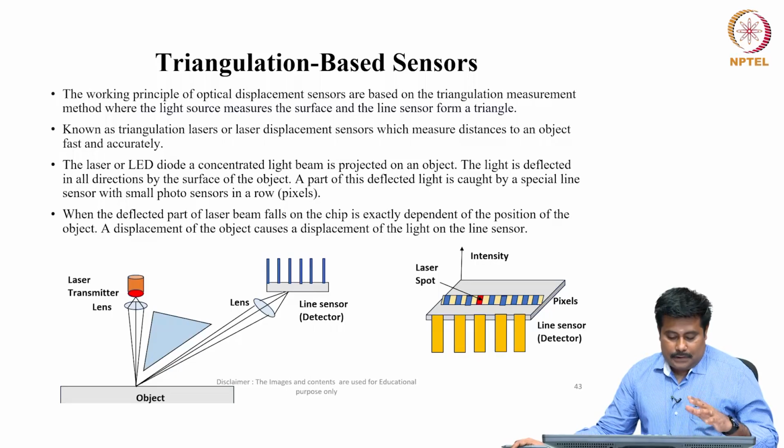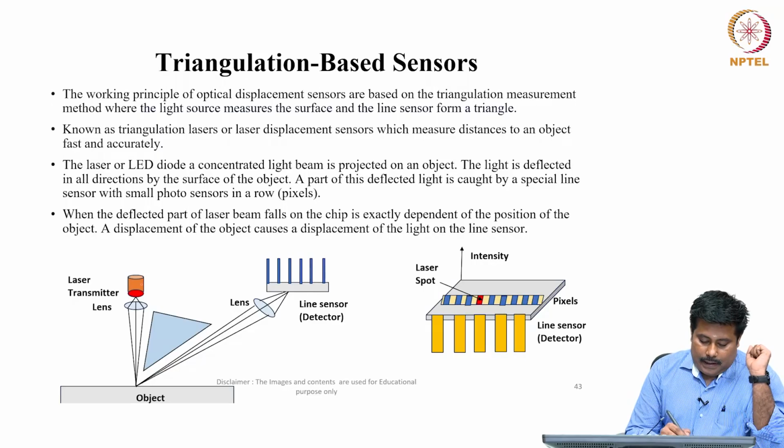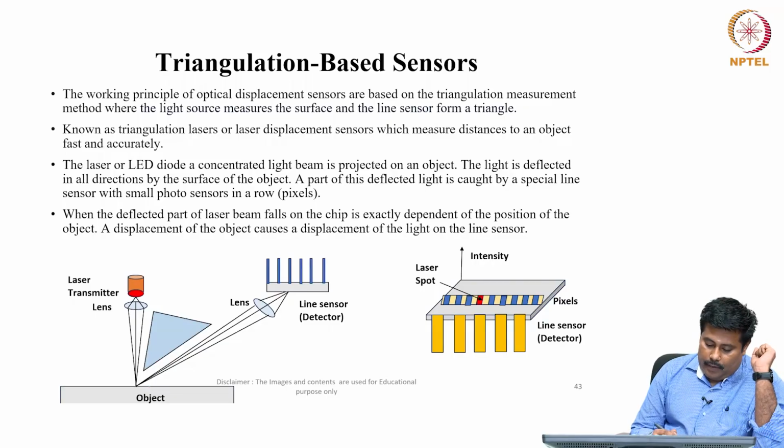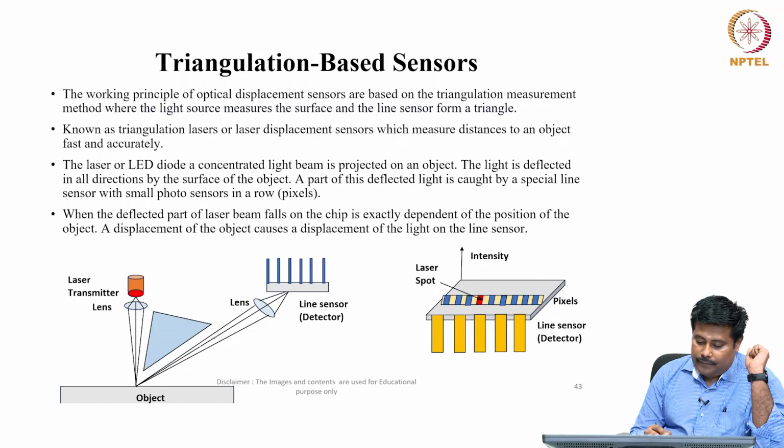In this triangulation based sensor, let us consider that a laser transmitter lens is available. This lens is used for focusing the light on the object. The light which is focused on the object is reflected through the lens and it hits the line sensor over the detector.